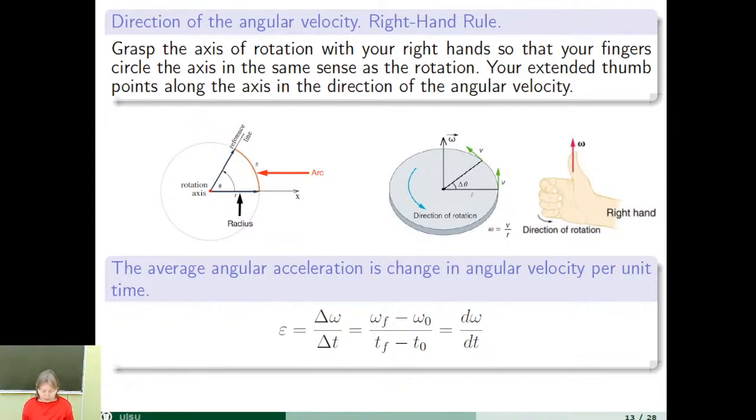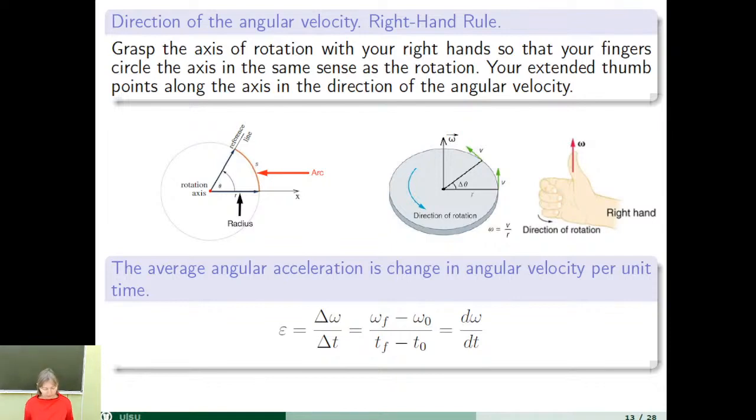Such a particle has only two directions available to it, and we can indicate these directions with plus and minus signs. In the same way, a rigid body rotating about a fixed axis can rotate only clockwise or counterclockwise as seen along the axis.